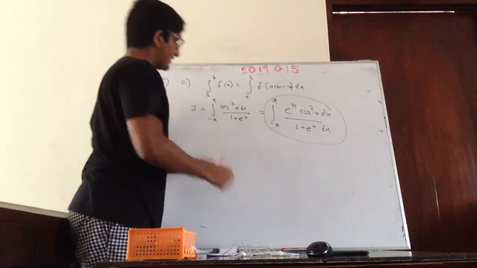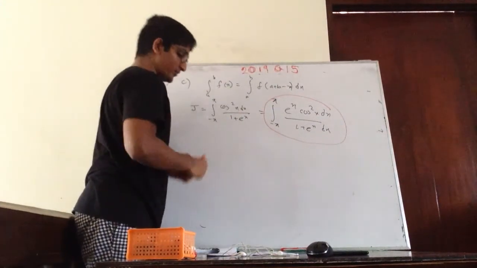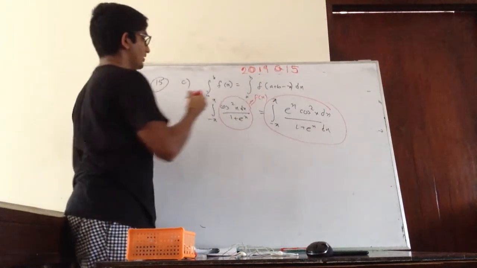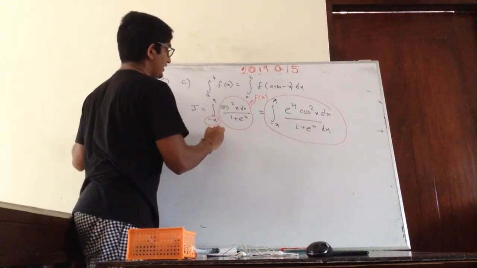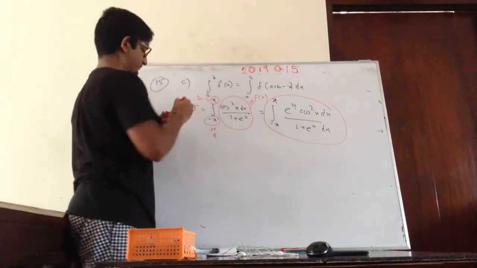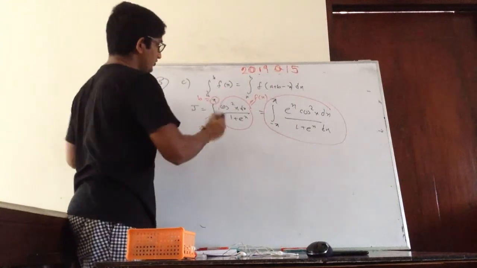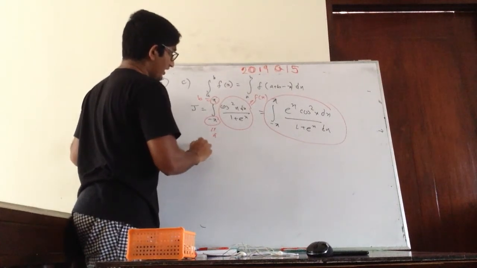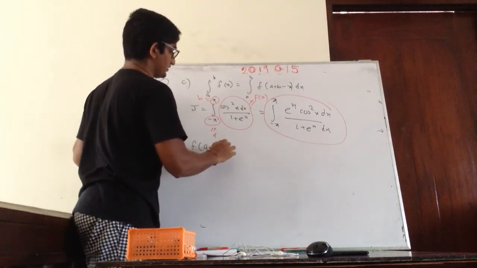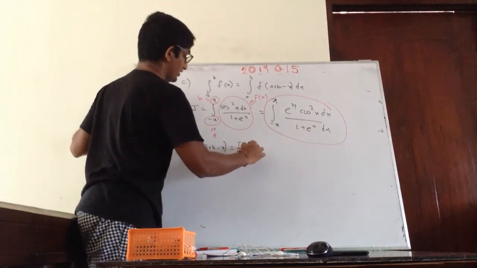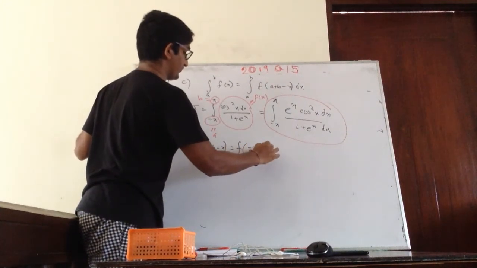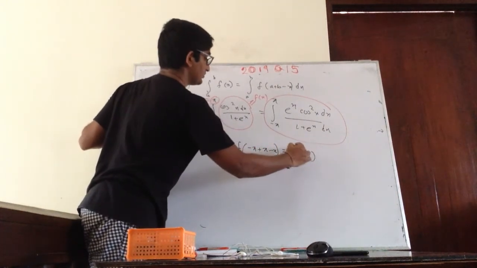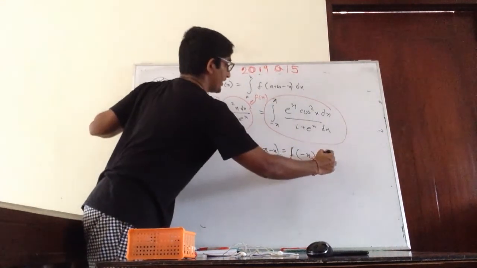So now here this is the main one. So this will be f(x). This is a. This is b. So what I'm going to do is write f(a plus b minus x), which is f(minus 5 plus 5 minus x). That means f(minus x). So what is f(minus x)?